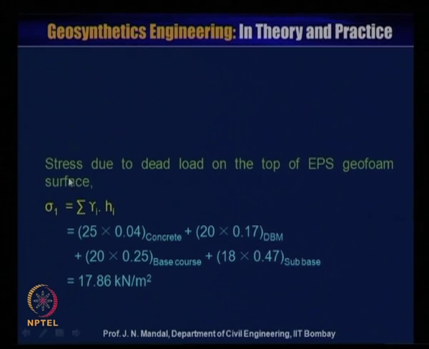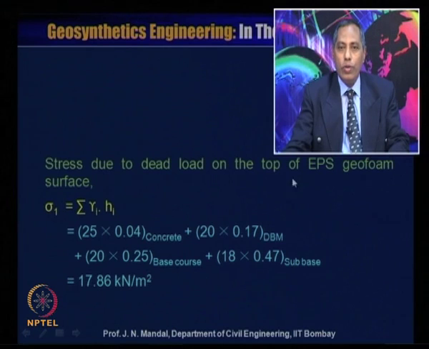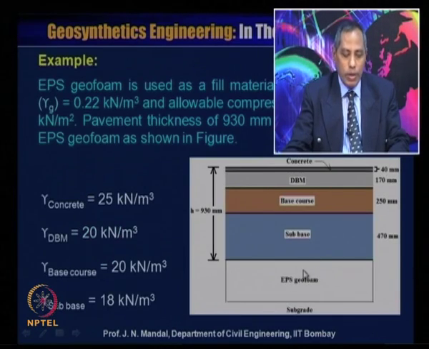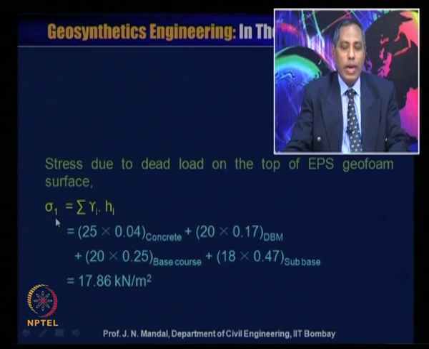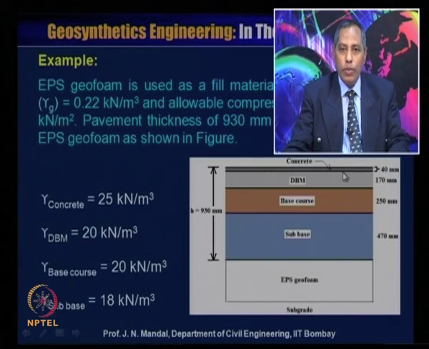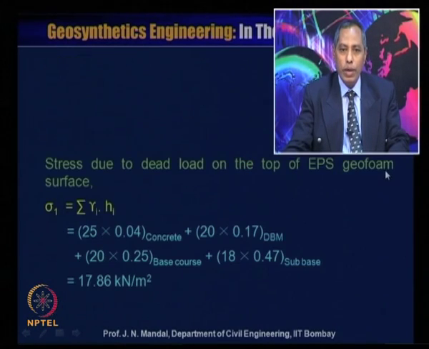So, you have to calculate the stress due to the dead load on the top of the EPS geofoam. Here is the EPS geofoam. You have to calculate the stress on the top, that is sigma 1 equals summation of gamma i into Hi. Here, the top one is concrete with density 25 and thickness 40 millimeter.